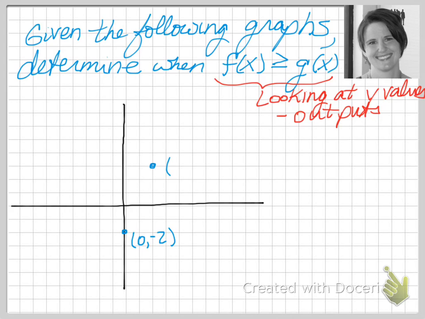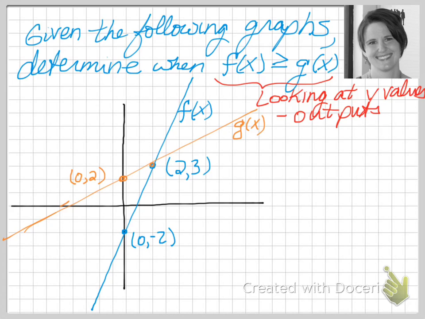Let's just start with the graph of two lines. f(x) is going to go through the points (0, -2) and (2, 3), and g(x) is going to go through the points (0, 2) and (2, 3). We see that they intersect at the point (2, 3), and we want to know when is f(x) greater than or equal to g(x).